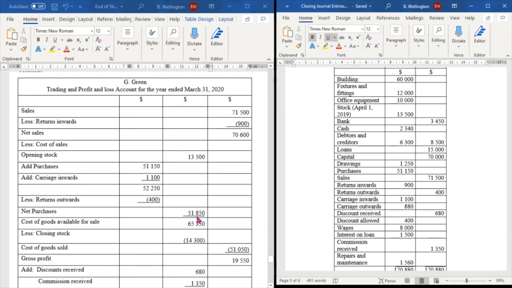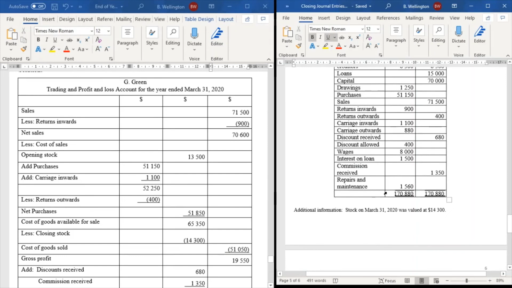Now when we add the net purchases to the opening stock, we get the cost of goods available for sale of $65,350. When we take closing stock from that, we are going to be left with the cost of goods sold. Now your closing stock, remember, it would not be included in your trial balance.